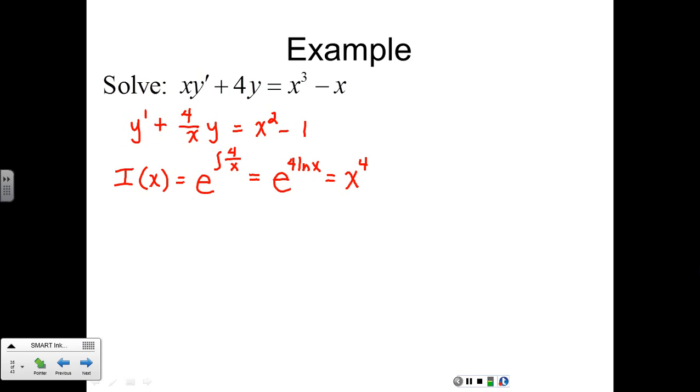Multiply that times both sides. So x to the 4th times y prime plus 4 over x y equals x to the 4th times x squared minus 1.